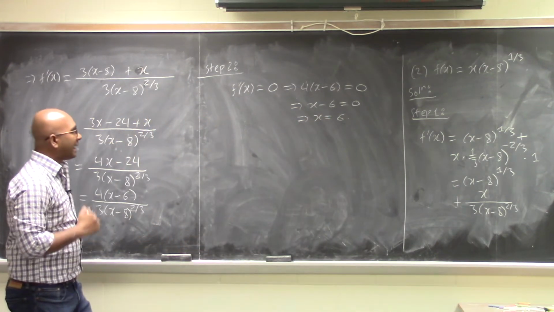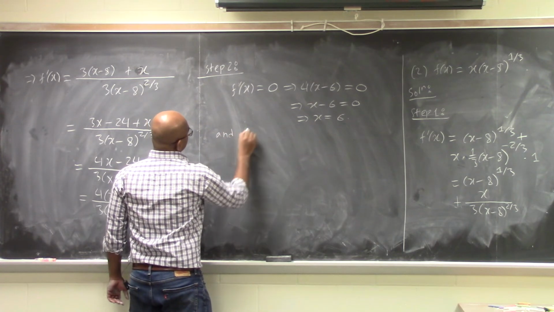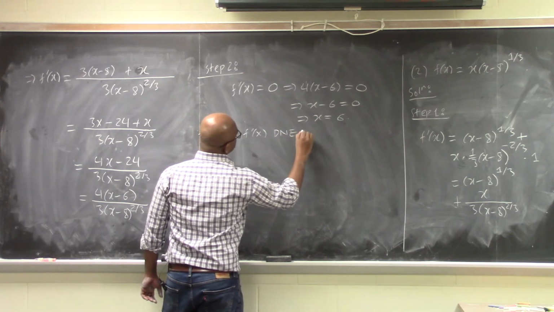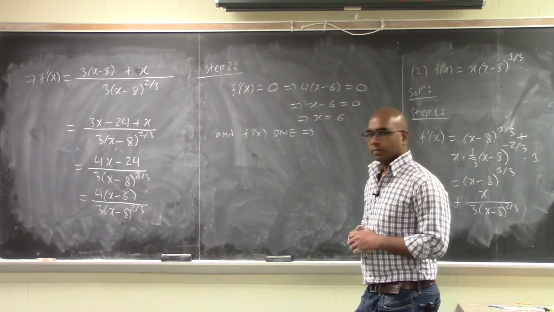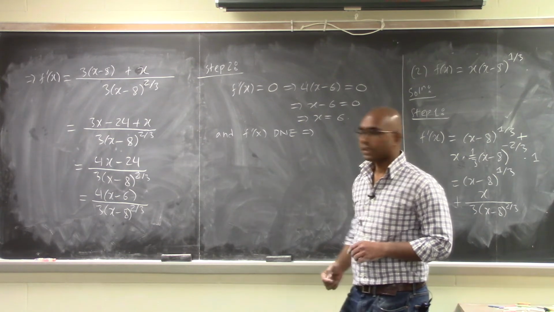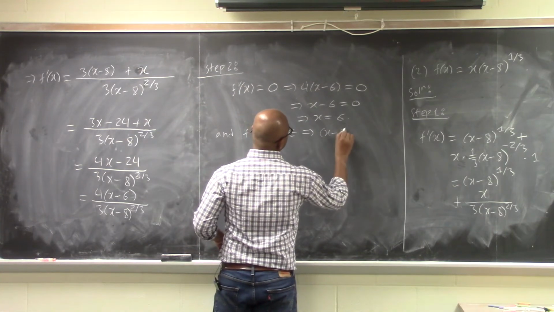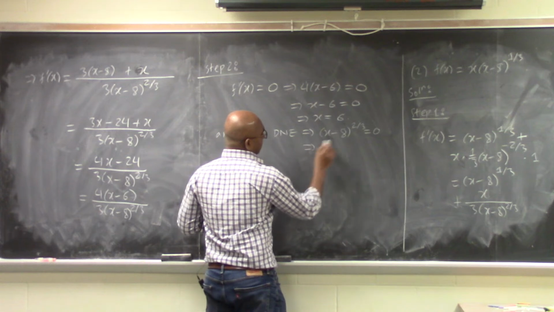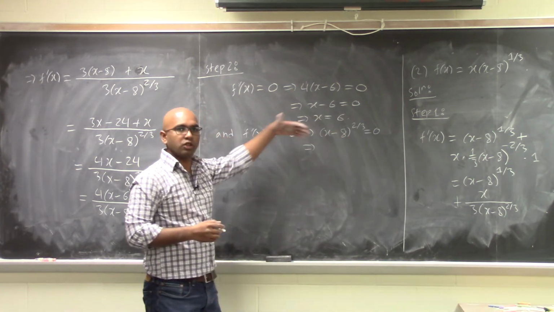Okay? And what do you need? F prime of x DNE. When does this derivative fail to exist? When the denominator vanishes, right? DNE means this x minus 8 to the power 2/3 is 0, right? But you can actually take the 3/2 power on both sides.